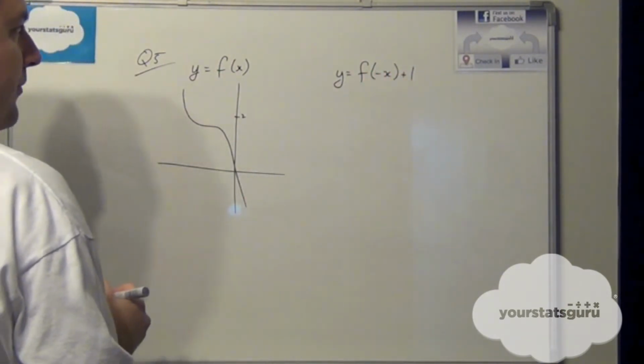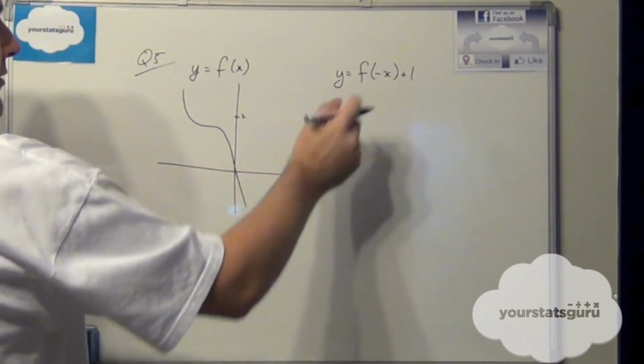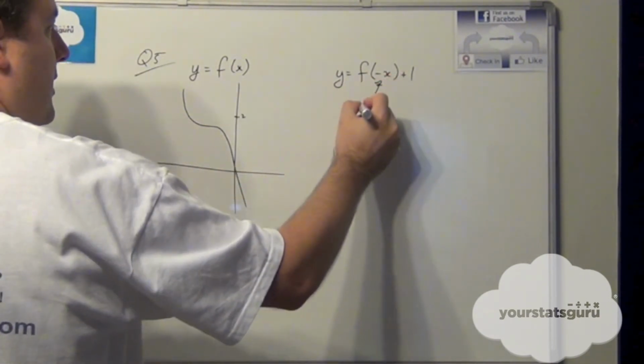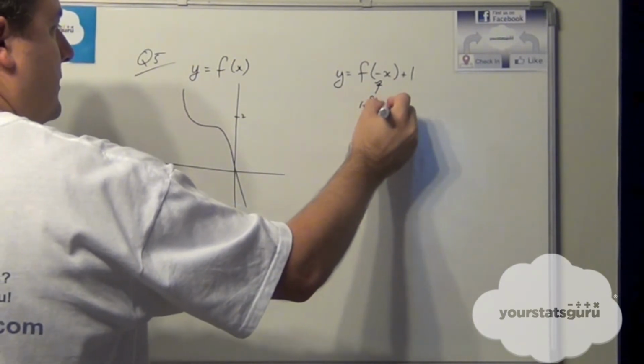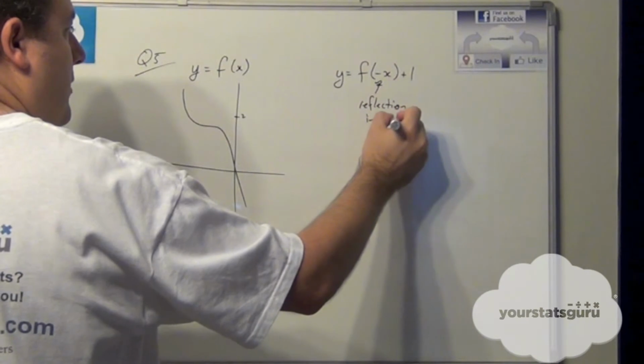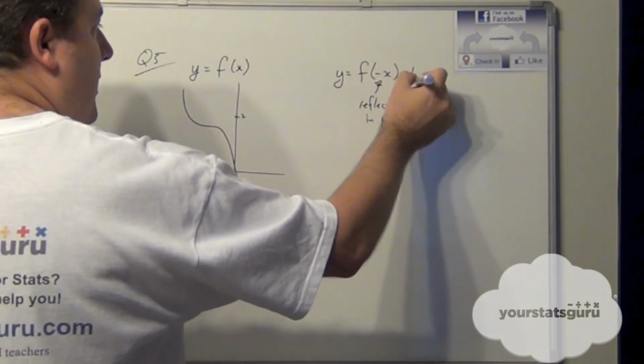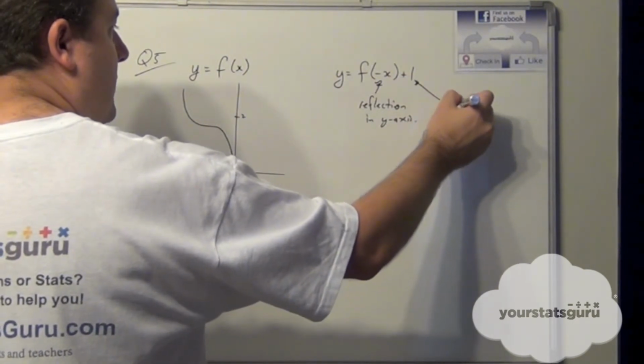Well, it's important to recognise what this actually means. The negative in front of the x is a reflection in the y-axis, and the plus 1 is a vertical shift.